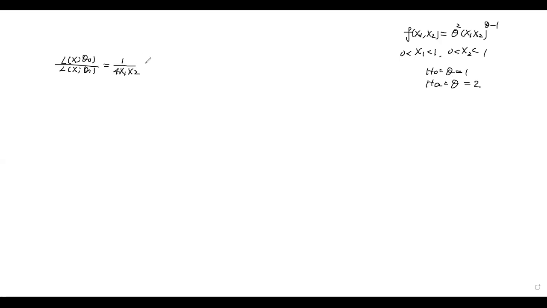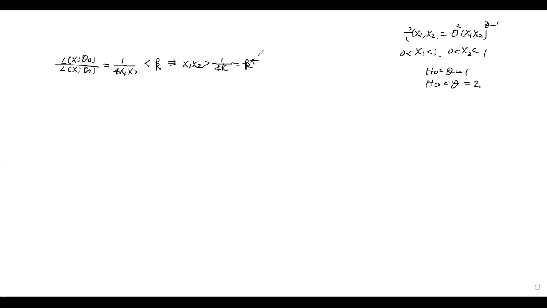We set this ratio less than some value k. After that, we can say x1 times x2 is greater than 1 over 4k. I can call this k star.